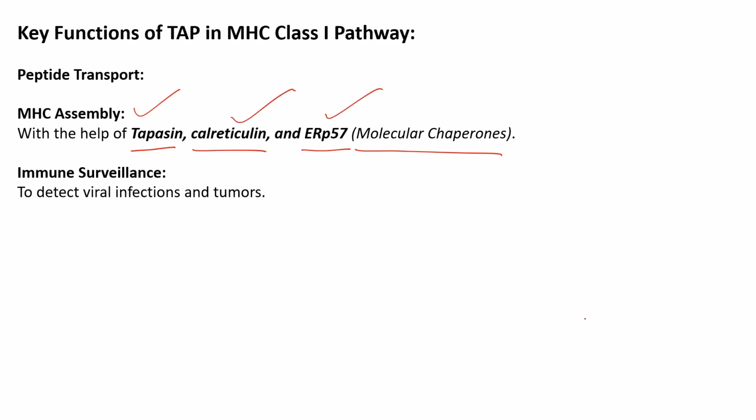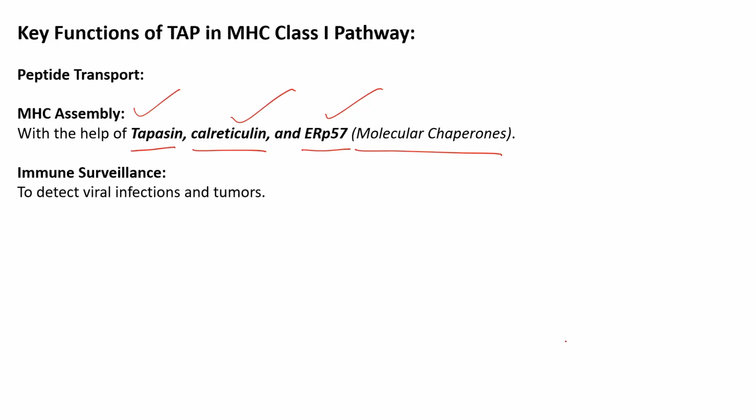We will see their function a little later, because these are responsible for MHC assembly, because we do remember that there are two distinct chains of the MHC1 molecule, one is alpha and the other is beta 2 microglobulin. So these two chains are present on ER differently, and these chaperones can help them to assemble in a proper way, and therefore we can say the folding of the protein is important, and this folding can be done by these chaperones.